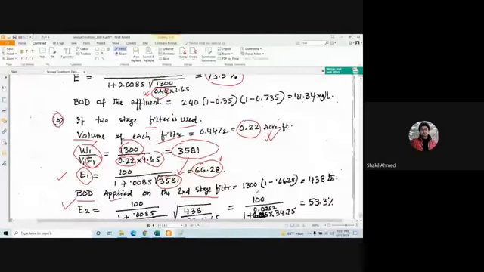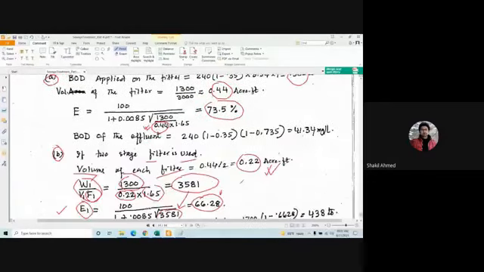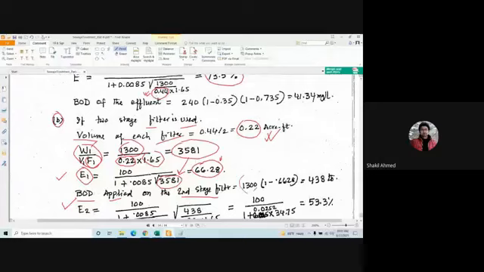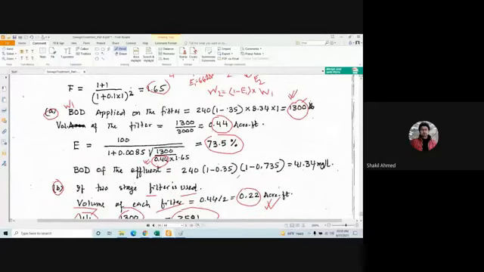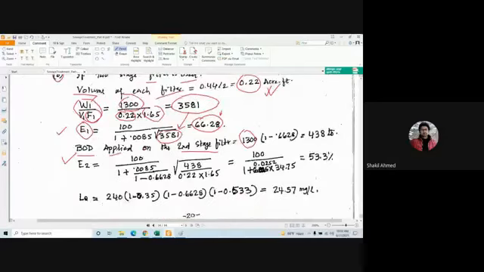W1 is 1300, and 1 minus E1 is 1 minus 0.6628. So W2 is 438 pounds.